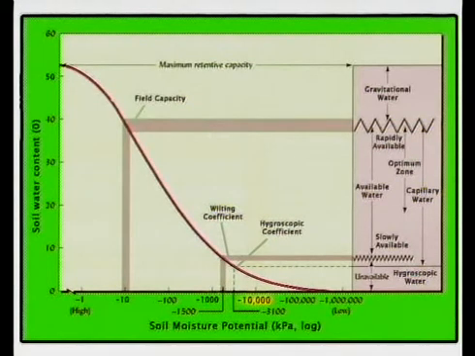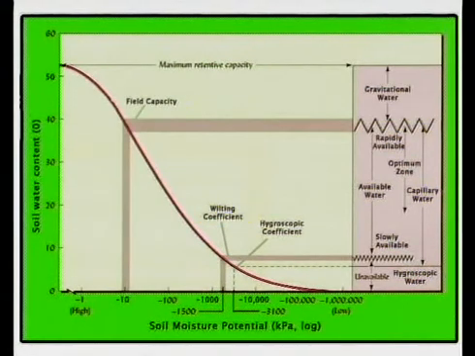Field capacity of a soil is a soil-dependent property. More than anything else, textural class, but also modified by organic matter content and soil structure, will determine the field capacity, but those are all soil inherent properties. The wilting coefficient is a plant-dependent property.